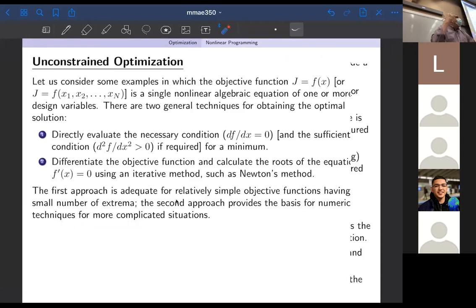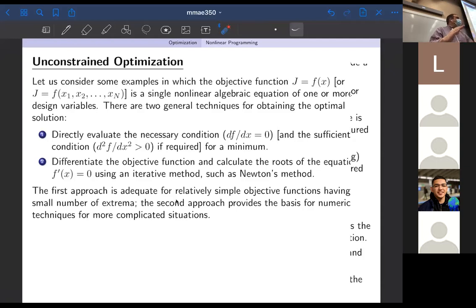All right, so first, unconstrained optimization. So we have a function of x, or a function of multiple x's, either way, but we just have one objective function. And we are looking for the value of x, or the values of all the x's, for which f of x has a minimum.